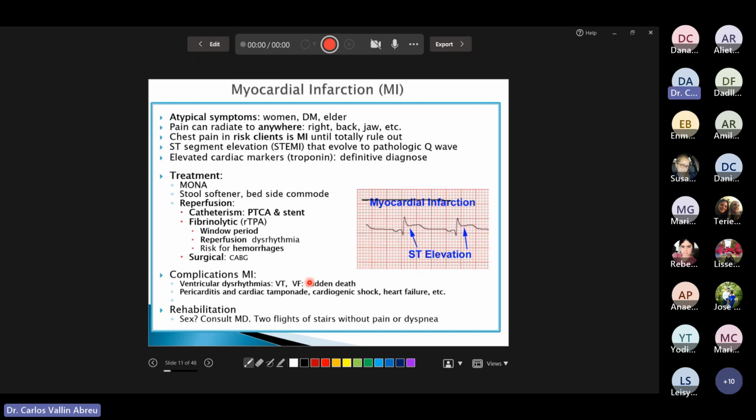It is better to overdiagnose, to say, let me keep this client to be evaluated by the physician, because at the end the physician is the one who is going to decide if it is a myocardial infarction or not. Let me keep this client to be evaluated by the physician instead of sending the client home because I consider it's not a myocardial infarction. This is not what the NCLEX considers safe.